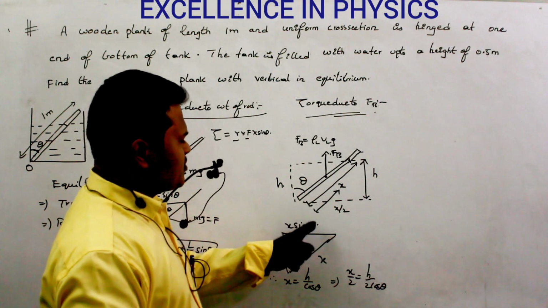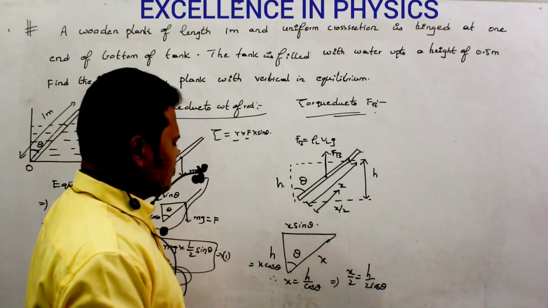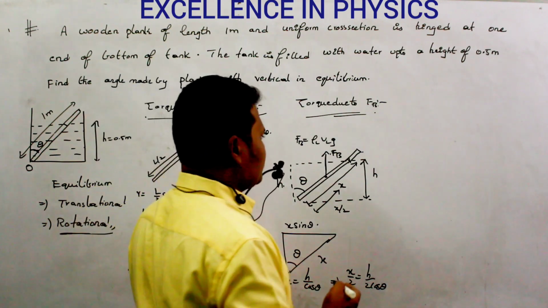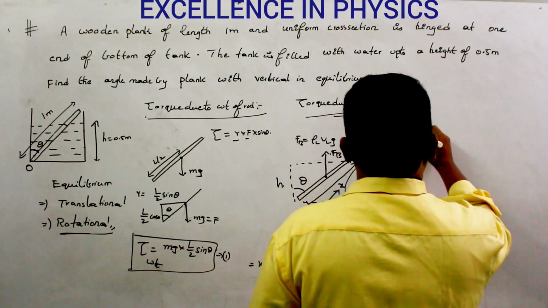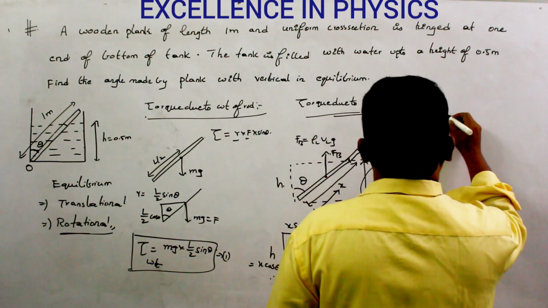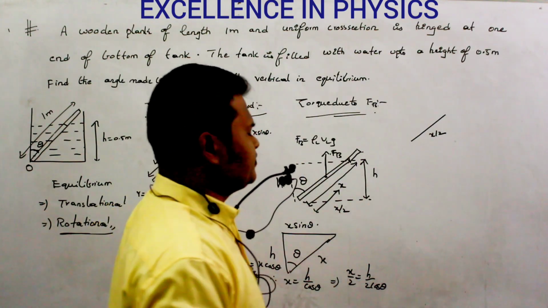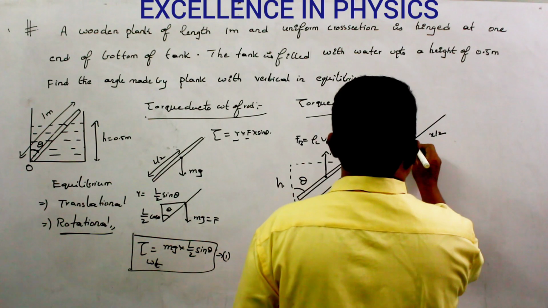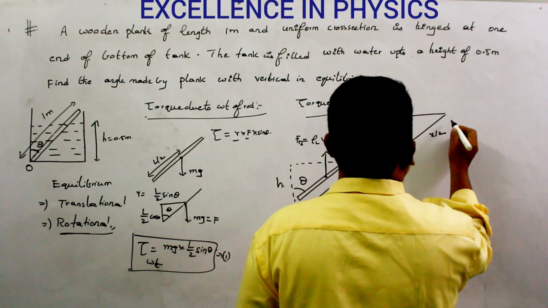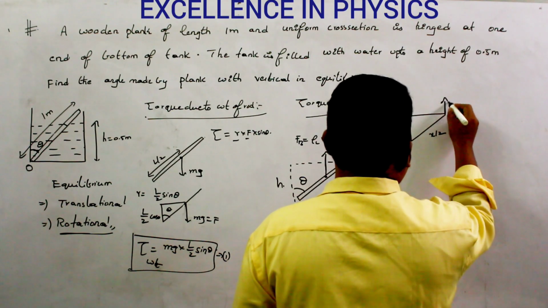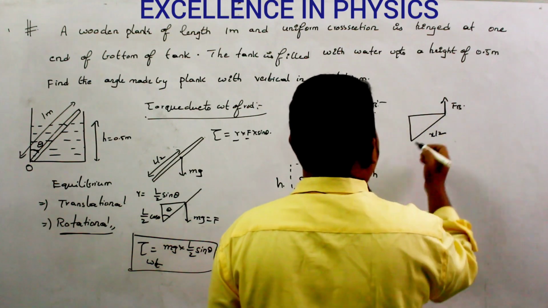That is, this x by 2 I have to split into two components. So this is the distance x by 2 where the force of buoyancy is acting upwards.